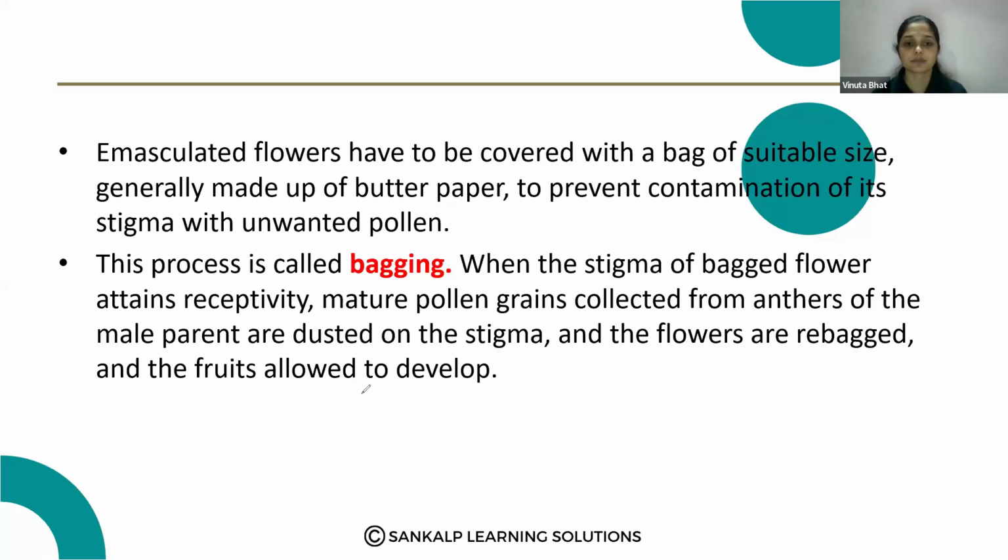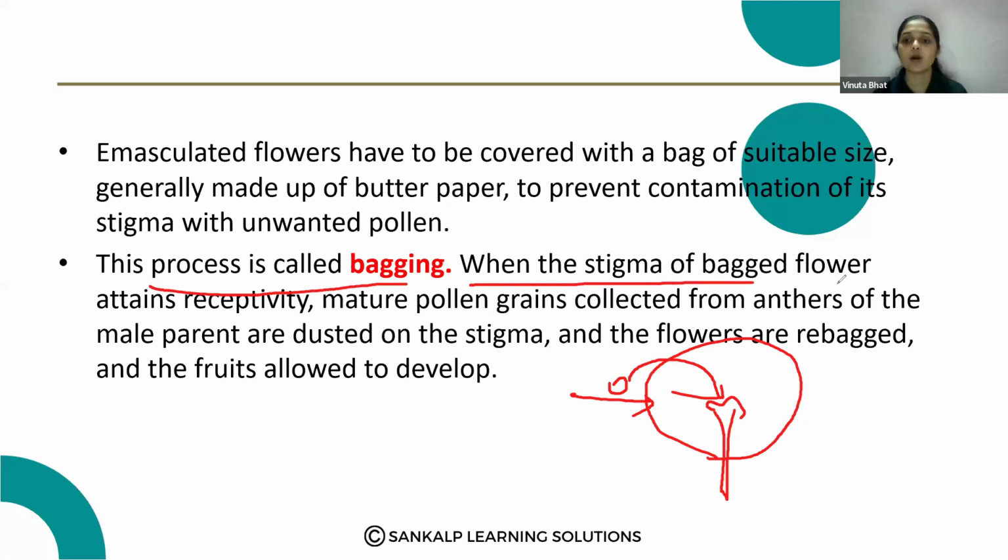The stigma should be bagged, just imagine this is the stigma, it should be bagged like this, because it prevents unwanted pollination. Sometimes there is a chance of transfer of unwanted pollen grains to the stigma if there is no bagging. This process is called bagging.